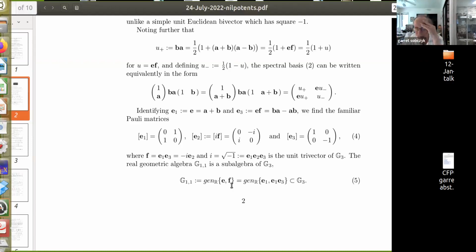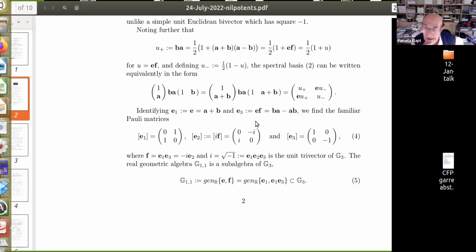You can think about it as a vector, or you can think about it as the bivector along the XZ axis. That's the bivector E1 times E3 defined by these Pauli matrices that we have in 4 here. So in other words, there is no unique reformulation of G3 into G11, because G11 is a subset of G3.